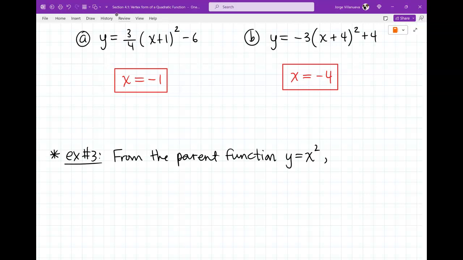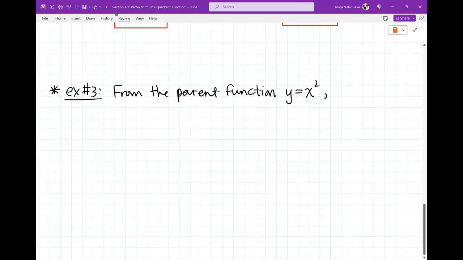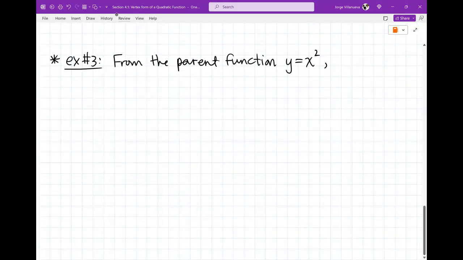I have a poster back there that's blue, and it literally says parent functions. In other words, the most basic types of functions. And from those, we can get every other type of function. So I guess you could say the parent function is literally the mom or the dad of these other functions. So from the parent function y equals x squared, in other words, we're going to be using parabolas. That's what they're basically saying.